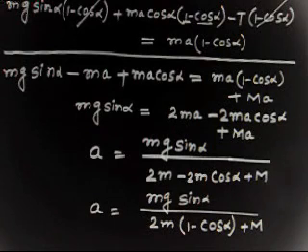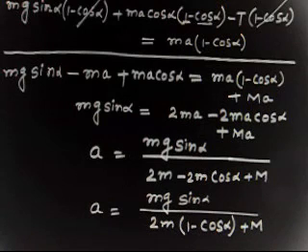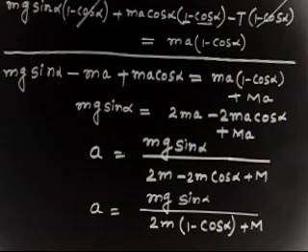So what are the important points in this question? You have two important points. If I apply the pseudo force, writing the equation of motion becomes slightly easy. Second important point: the acceleration of the block is A, then the acceleration of this small rod is also A with respect to the base.